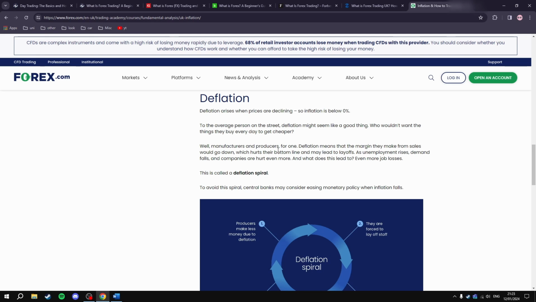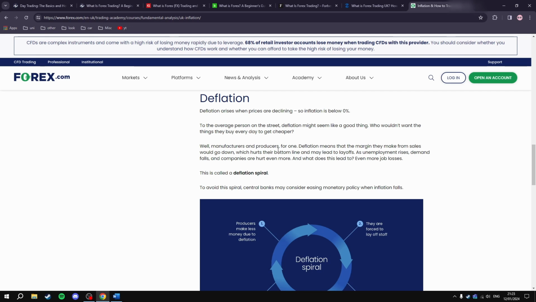Deflation means that the margin they make from sales will go down, which hurts their bottom line and may lead to layoffs. As unemployment rises, demand falls, and companies are hurt even more. Why does demand fall when unemployment rises?